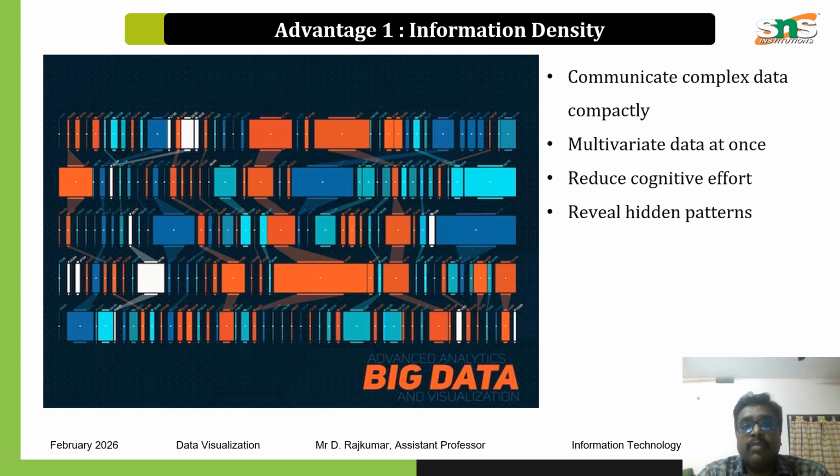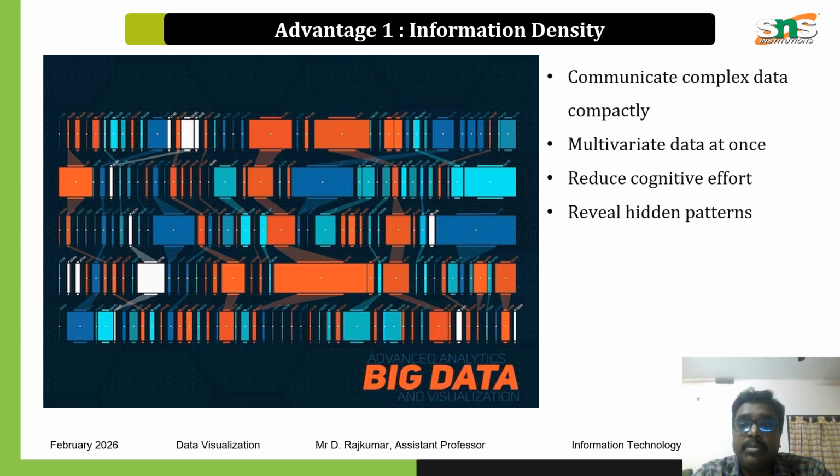The first advantage of data visualization is information density. Imagine you are taking an Excel file with a lot of columns. These complex data can be communicated without huge complexity. They can be converted into images or other representations and easily displayed.